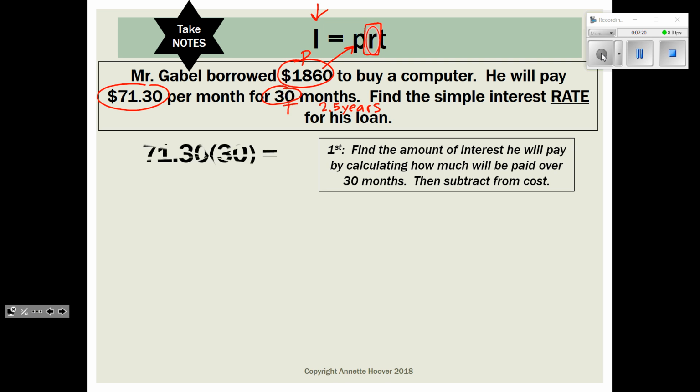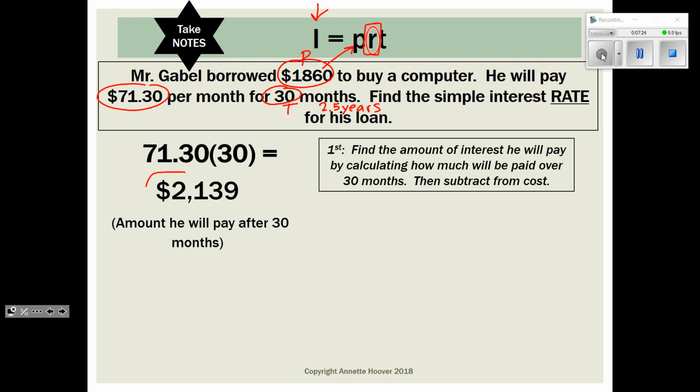If I multiply those two numbers together, it shows us that after 30 months, he paid to the bank $2,139. Now, is that how much he borrowed? No, he borrowed $1,860, but he paid back $2,139. So now to figure how much of that is interest, you just subtract.